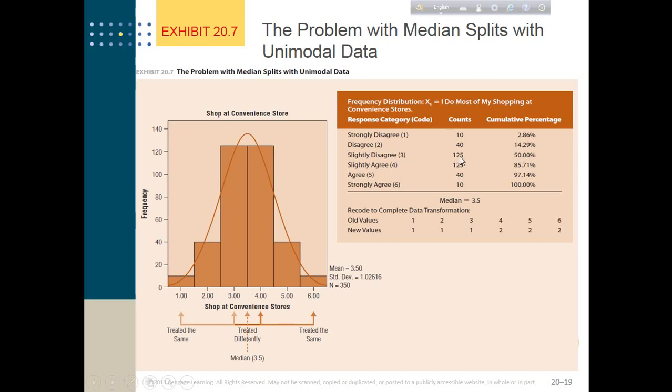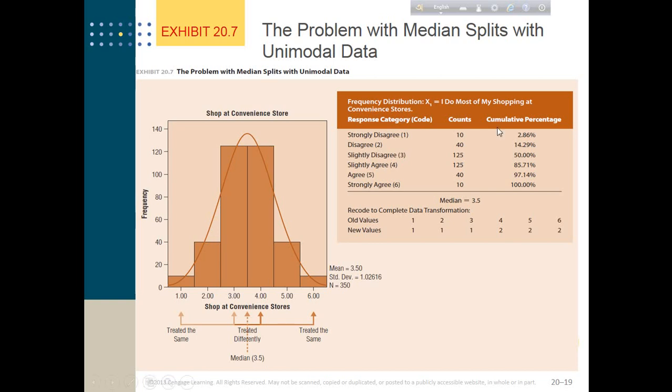Now, what do you think? Adding this slightly disagree with strongly disagree, is it a good idea? And slightly agree with strongly agree, is it a good idea? Or adding slightly disagree and slightly agree together is a good idea because they are both slightly agree and slightly disagree.